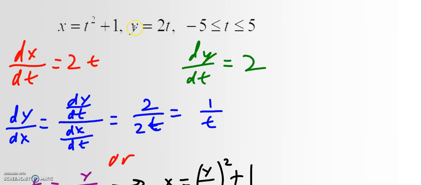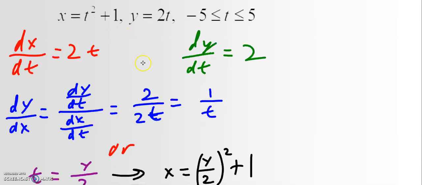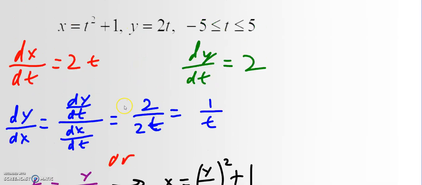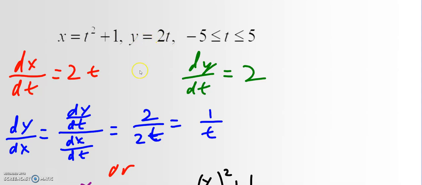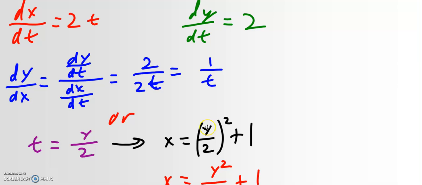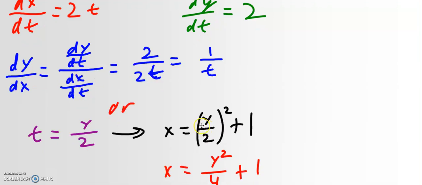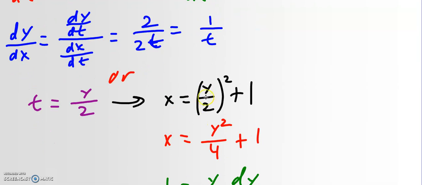Or how else could I do this? Well, I could convert the parametric equations into rectangular equations and then take the derivative. So if I say t equals y over 2, so I'm isolating here, and then I substitute that into the x equation, I get x equals the quantity y over 2 squared plus 1. Simplify that a little bit, x equals y squared over 4 plus 1.